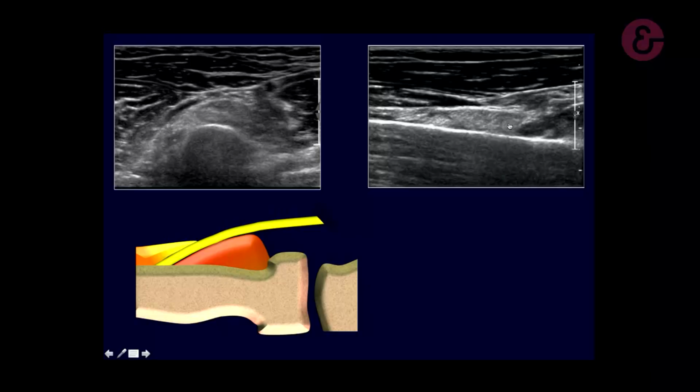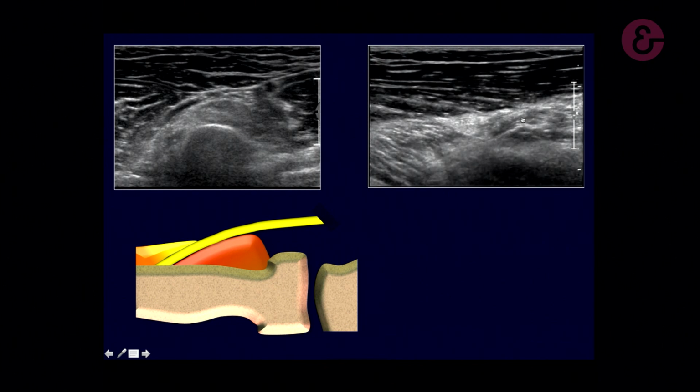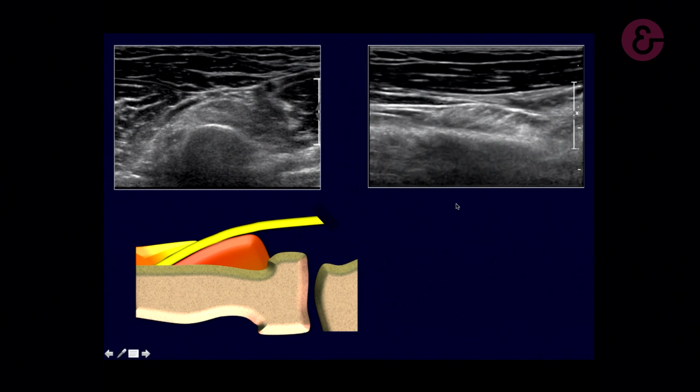And if you go back to the ultrasound, you can see here the longitudinal is exactly the same as my drawing. You have a normal, deep, and a wide, small, superficial. And this is the nerve which is compressed over there.